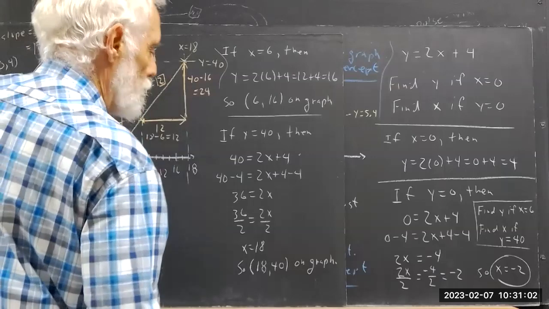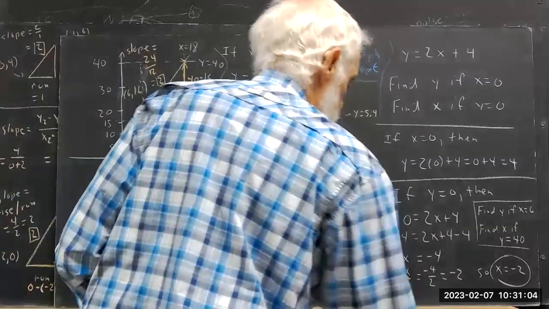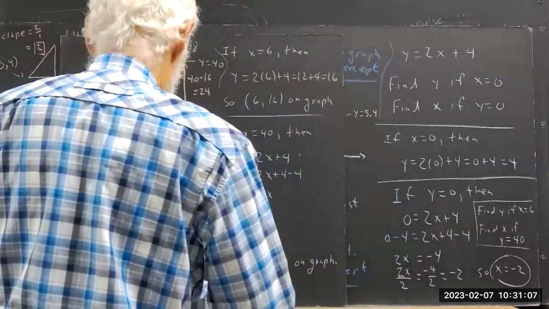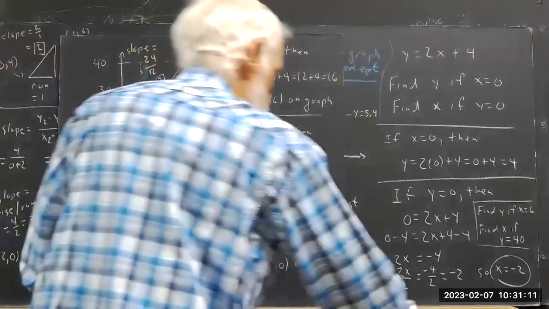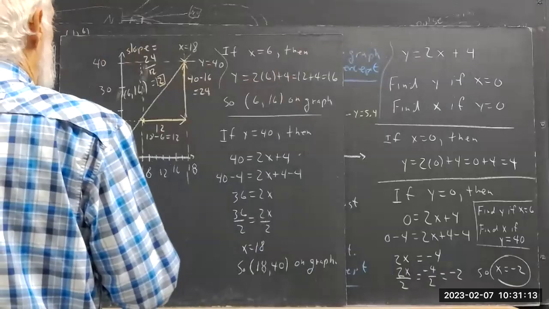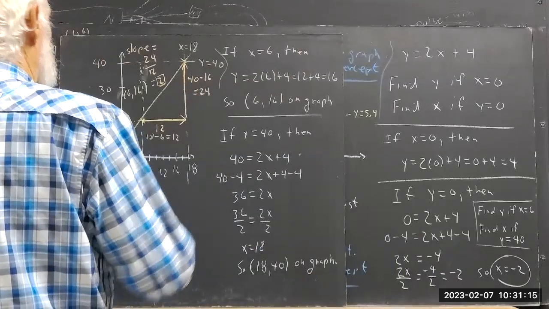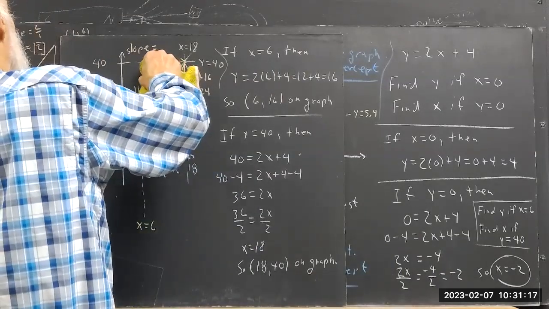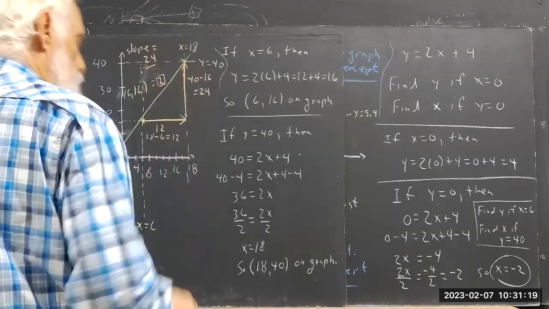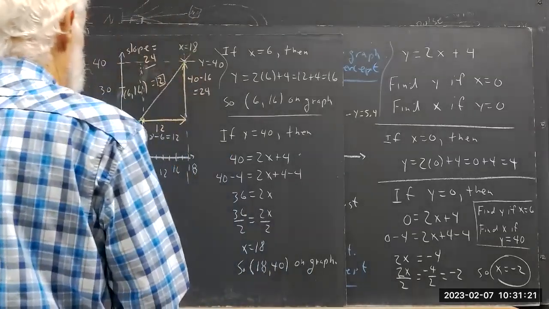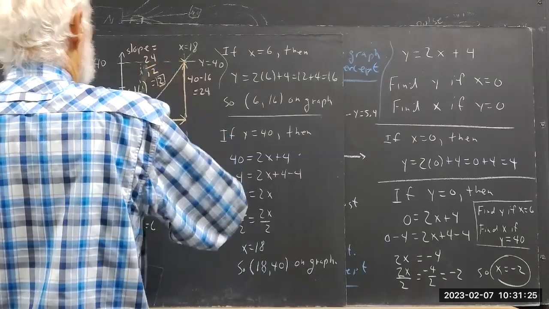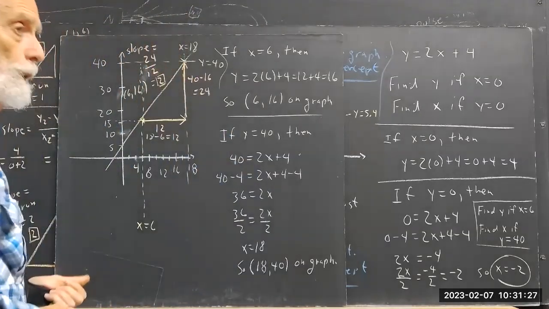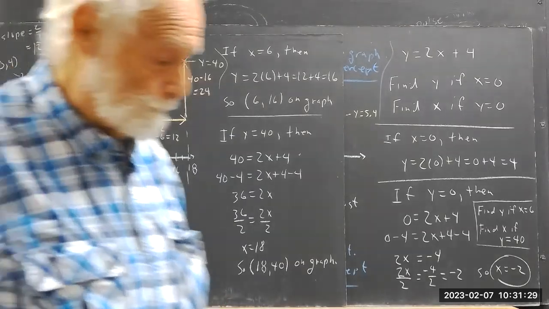Slope is 24 over 12, and that's 2. 24 over 12 equals 2. Look, that's the slope we got every time.